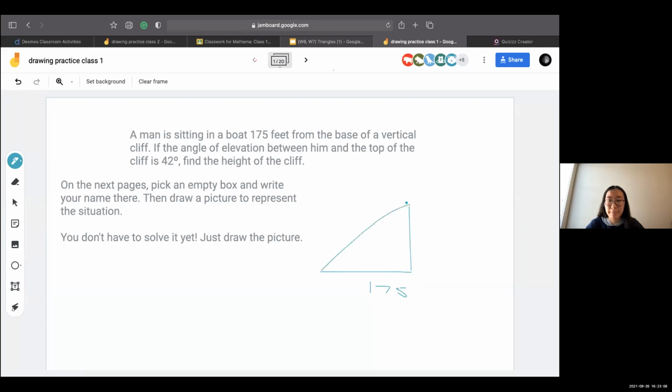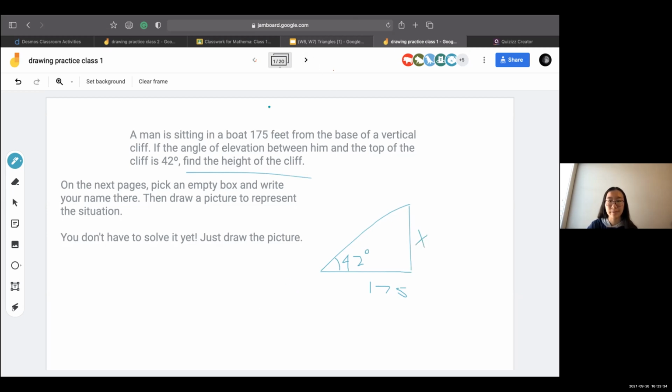And then the angle of elevation, sorry, that line is a bit curved, between him and the top of the cliff is 42 degrees. So we write that here because imagine him looking up at the cliff. That's the angle of elevation. So this is the problem we have here. And now if we were to try to solve this or just define the height of the cliff, we would assign this x.